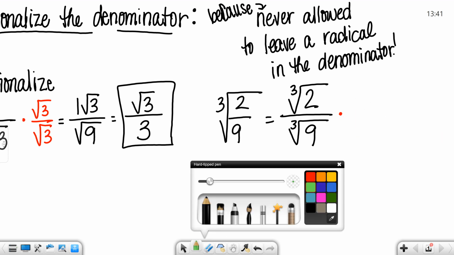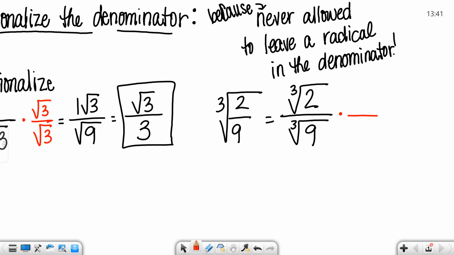What I need to be asking myself is, what do I multiply this by so that my answer is something I can take the cube root of? You can't take the cube root of 9. So what is something I can take the cube root of? I know I can take the cube root of 8, right? But 9 times something is not going to give me 8.